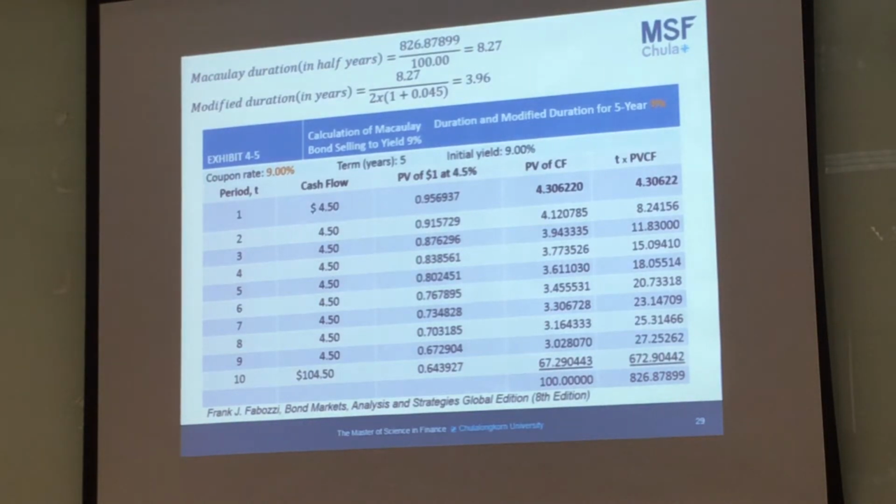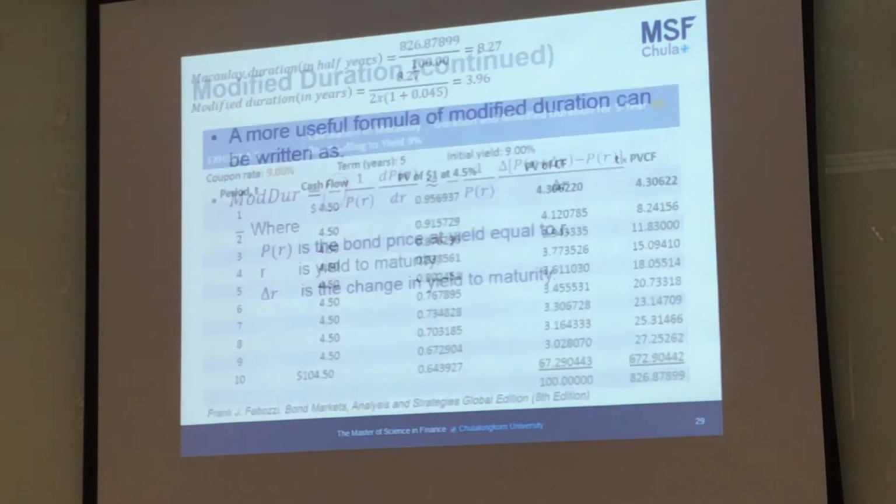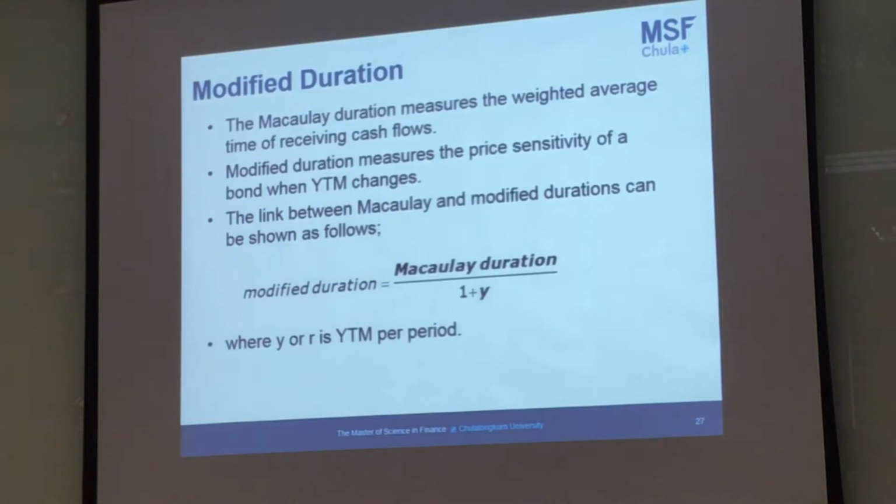Or the other way we can do it is, step by step, perform the calculated duration and then simply divide by 1 plus the current yield. Let me just say again, Y is the current required yield.